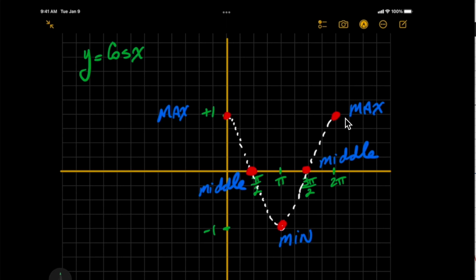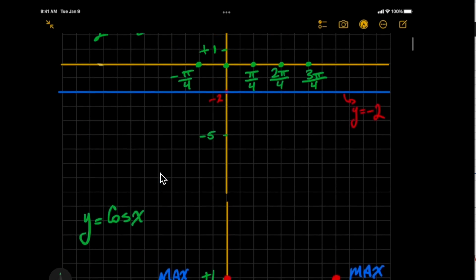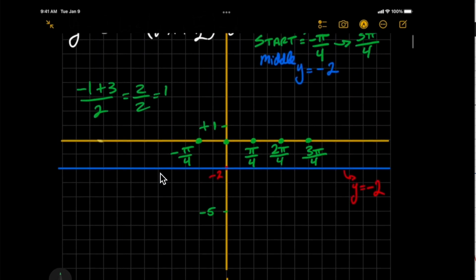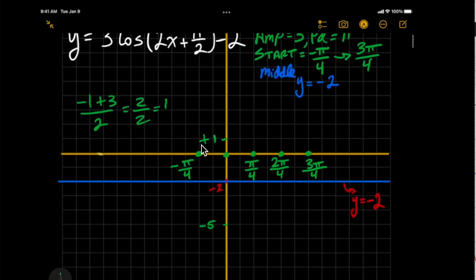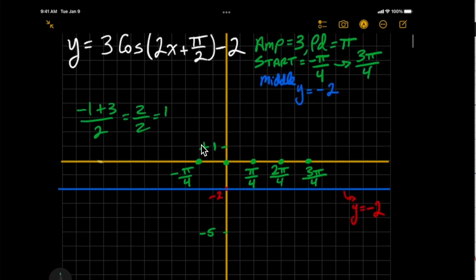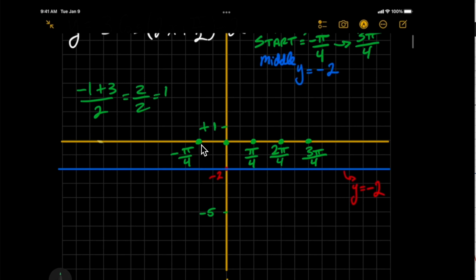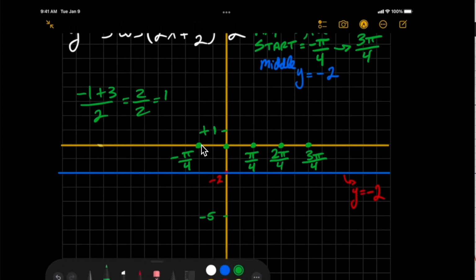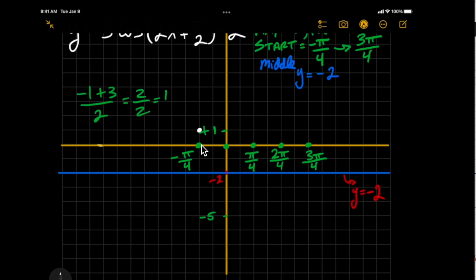So what we're going to do here is start at the maximum position, but we're not going to start at 0 because we have a transformed function, a phase shift. So we are going to start at -π/4. So at -π/4, our transformed graph is going to be at its maximum, which is going to be +1.